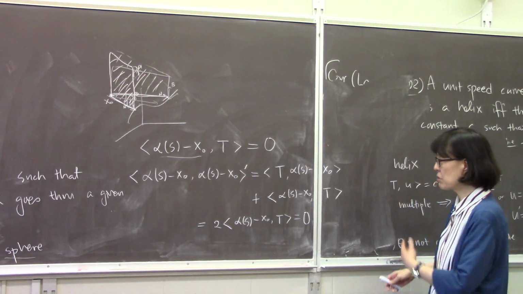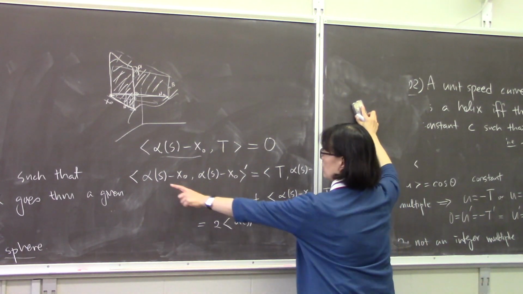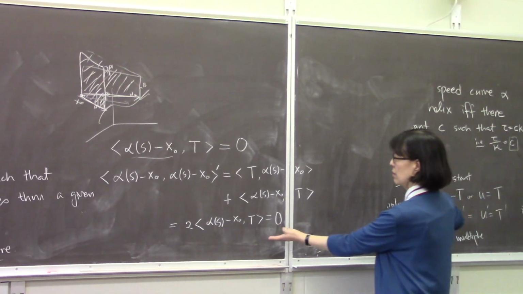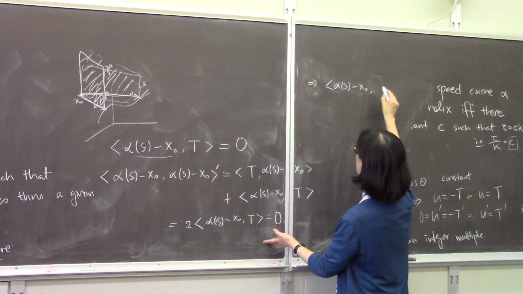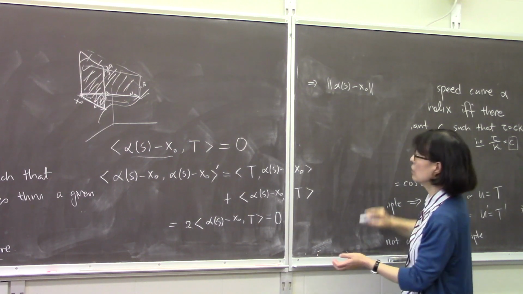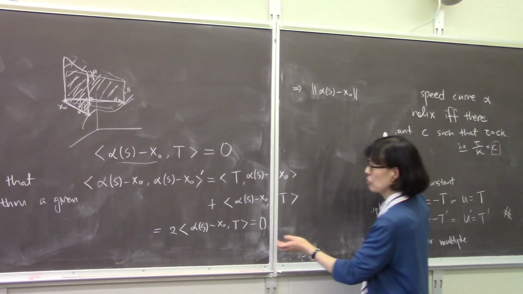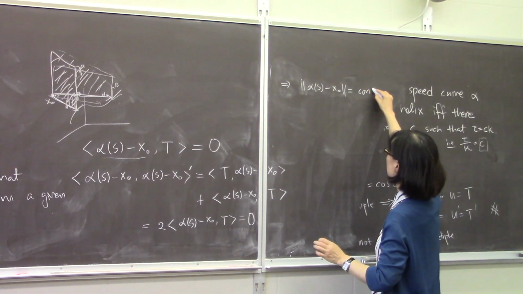So that means what? That means this shows actually this magnitude, right? The square of that magnitude is this much. That is constant.